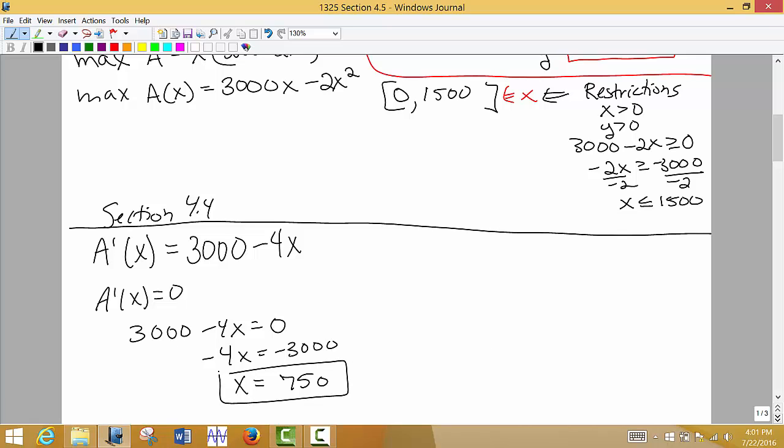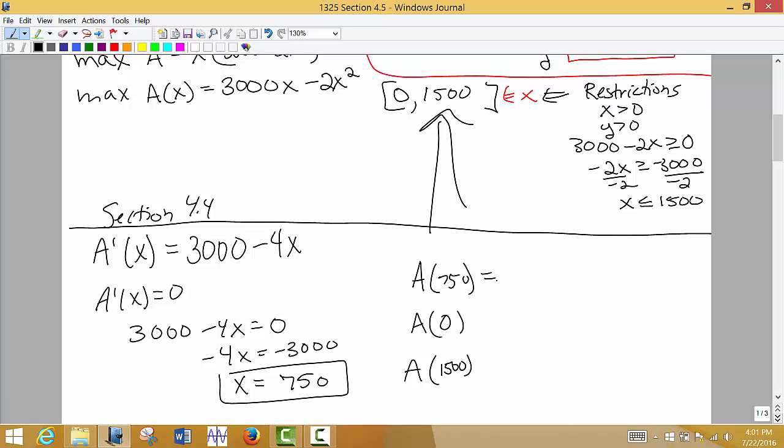Okay, well, if I wanted to make sure for sure that this is the absolute max, I could take my original function dealing with area, and plug in not only the critical number of 750, but also my boundary points of 0 and 1500.